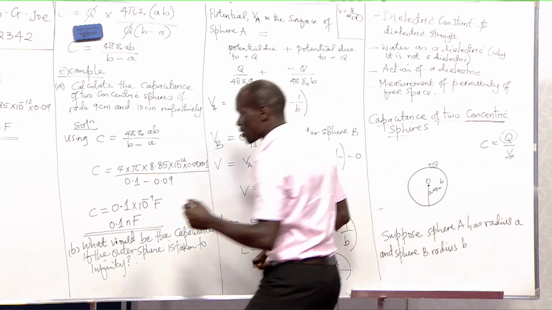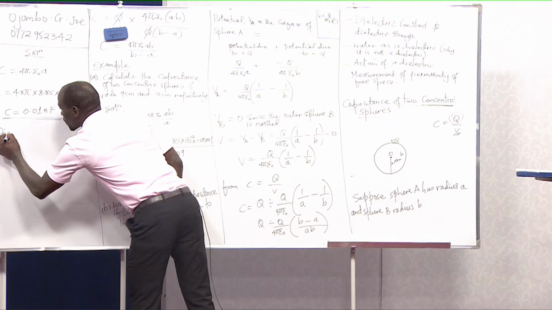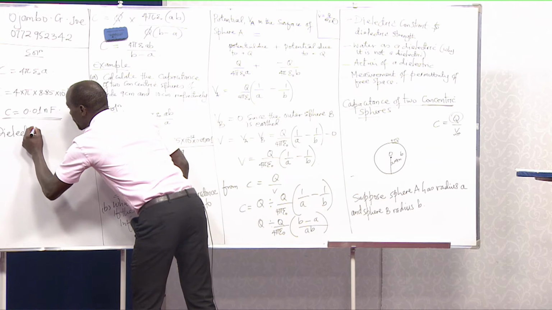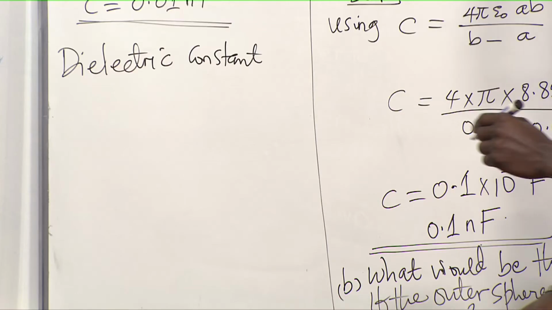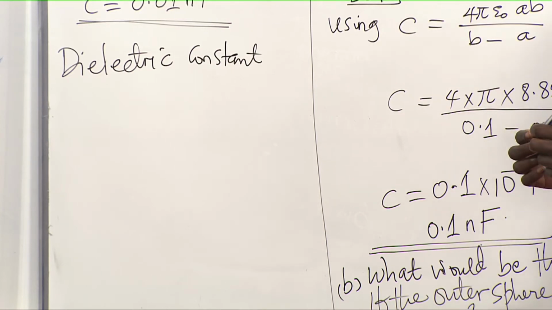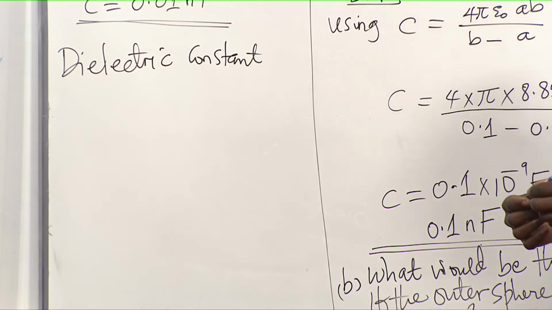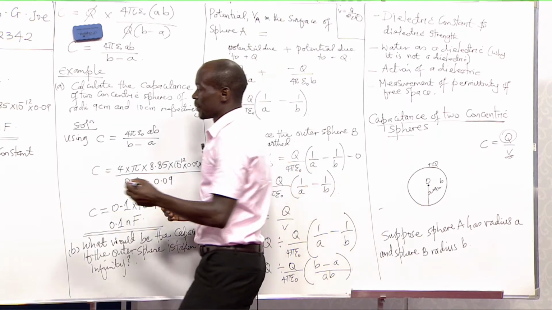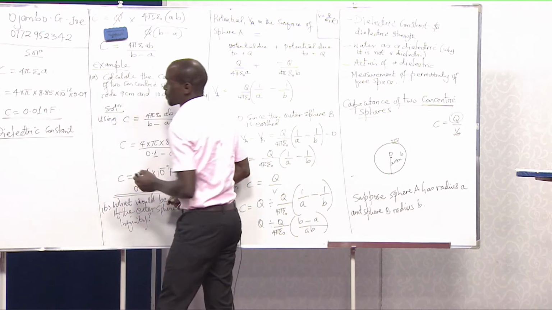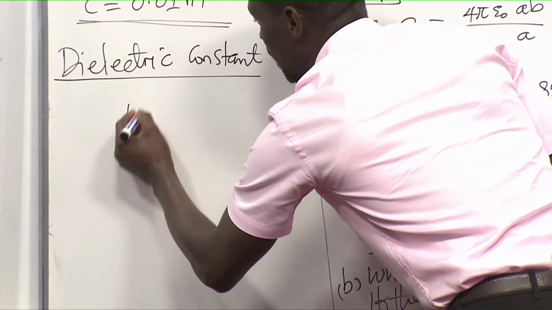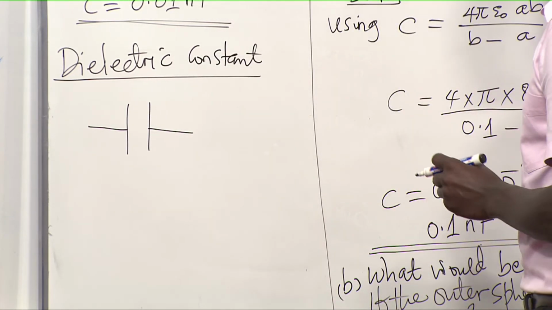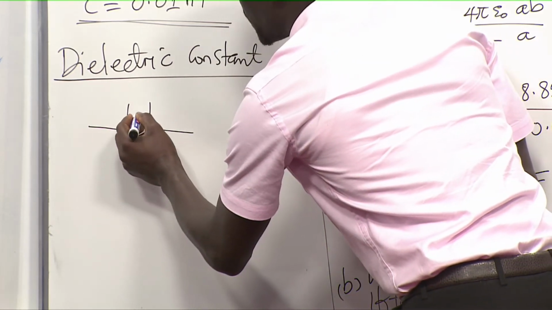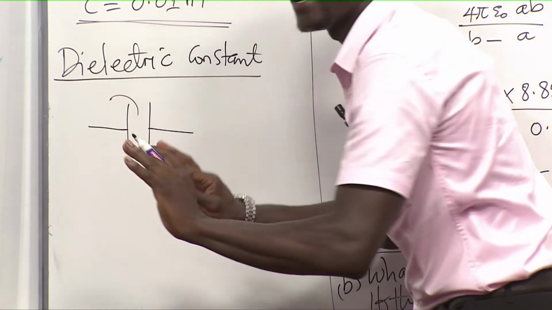So dielectric constant. Sometimes we call it relative permittivity, but we shall see why we call it relative permittivity. Now, you imagine you have this capacitor. Initially, the space between is air.